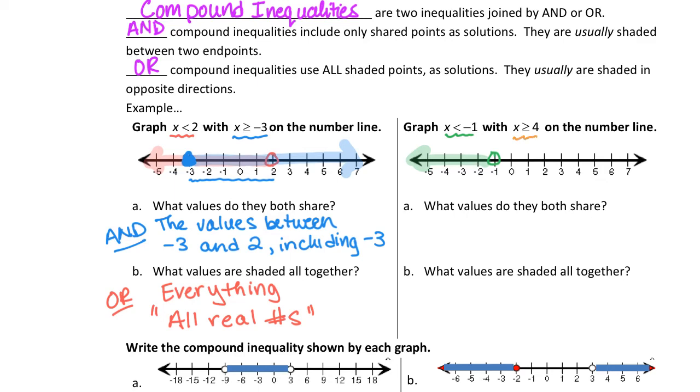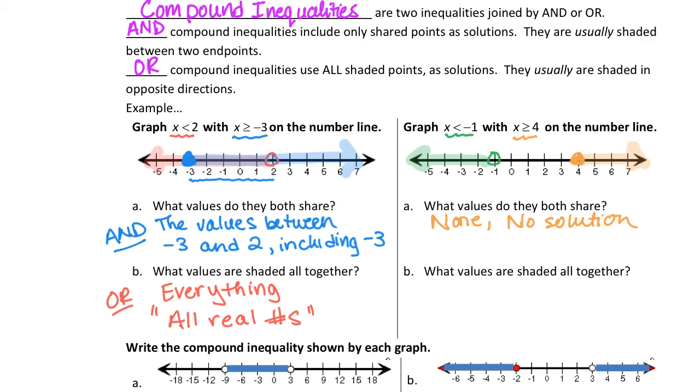Using orange for 4, this is once again a closed circle for 4, and it says everything greater than 4, so we'll go that direction. Same type of question: what values do they both share? The answer to this is none. We could also say no solution, is how we would say that in math.